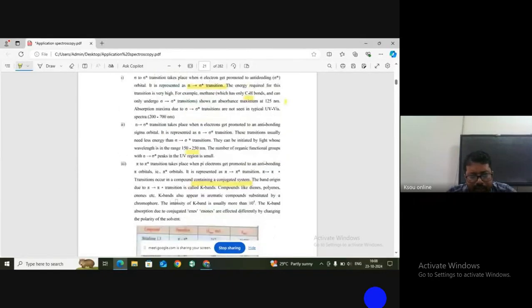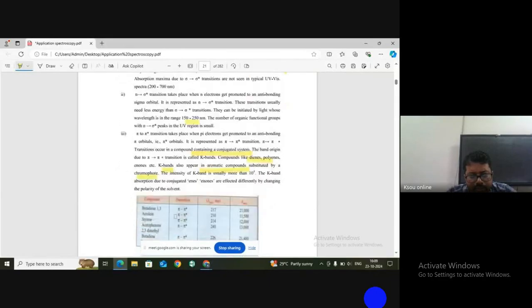This is also called the K band, which also appears in aromatic compounds. If a chromophore is attached to the conjugated system, such as butadiene or an aromatic system, then the intensity is enhanced.